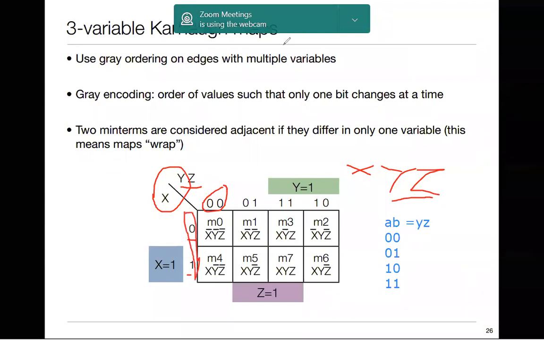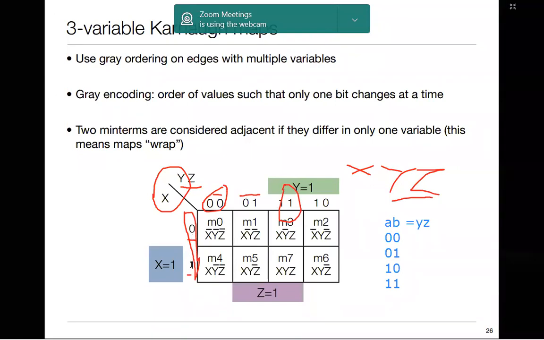But we have three variables. So how will you write the two variables? Two variables will be written as 0, 0, 0, 1, not 1, 0, but 1, 1. Now why do we write 1, 1 over here? If you see the axis over here, I have 0 and 1.